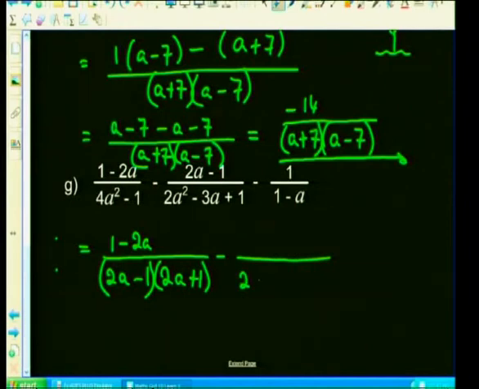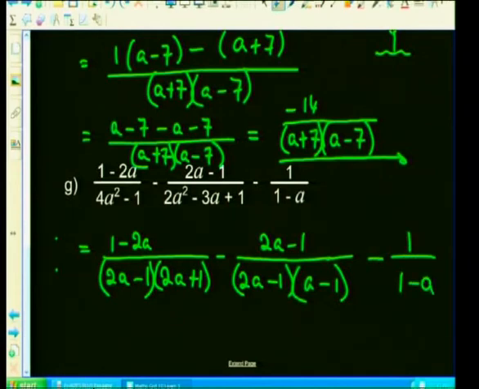Okay, here we'll have a 2a minus 1 and an a minus 1. That's our trinomial factorization. And on top, 2a minus 1. And the last little number doesn't need any factorization.